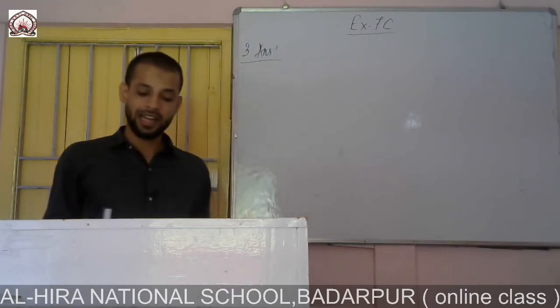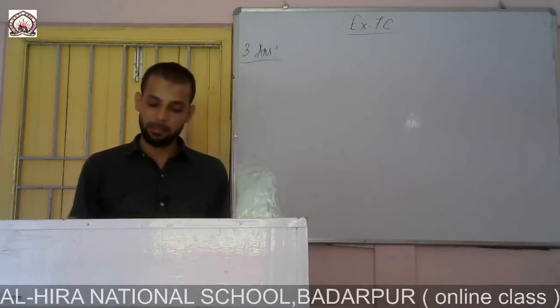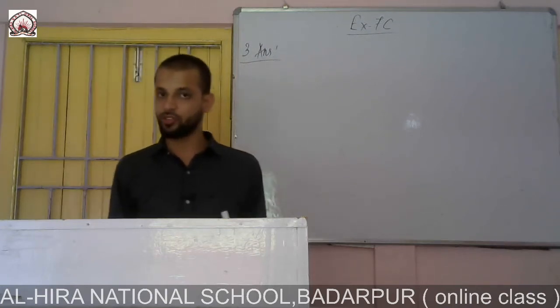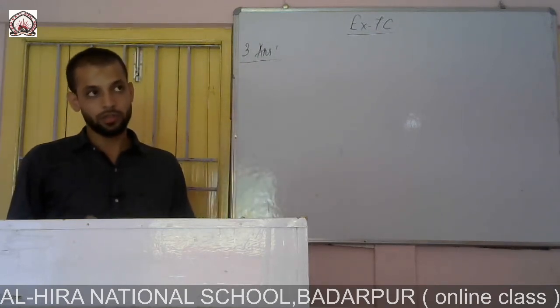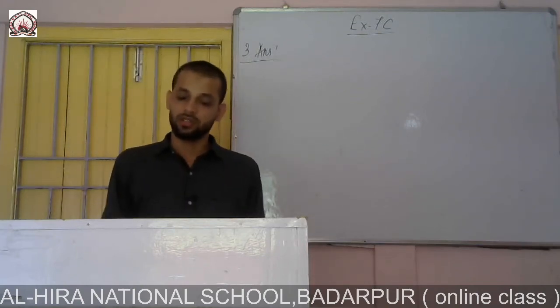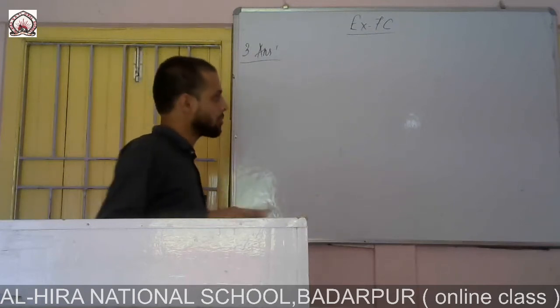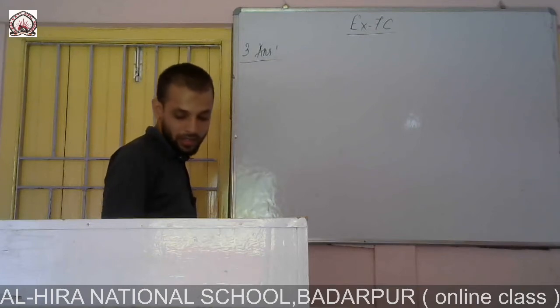Teams from 9 schools took part in a quiz contest. Each team had 4 members. How many children took part in the contest? So we have to find the total number of children who took part in the contest. That means 9 schools sent their teams, and from each team we will get what? 4 members. So we have to multiply 9 and 4. If we multiply these two numbers, we will get the total number of children who took part in the contest.